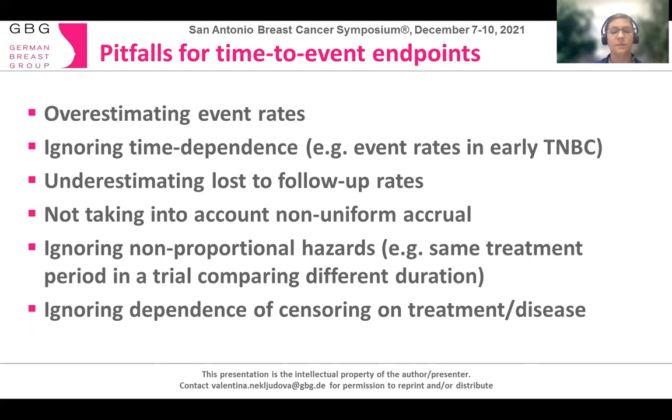And the last one would be informative censoring patterns, which depend on treatment or disease. You need to think about it. For example, in an open trial comparing an active drug with observation, this could be a problem.